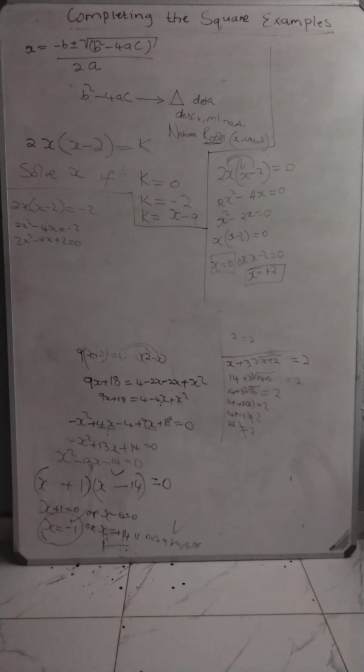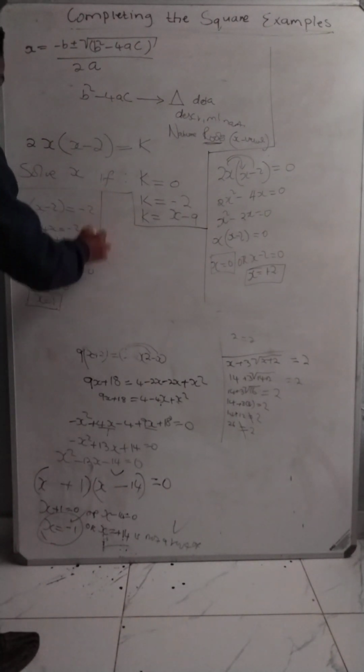You divide everything by 2, you'll have x squared minus 2x plus 1 is equal to 0. You factorize this, you'll have x minus 1 and x minus 1, because you have a negative 2 there. So you'll have x minus 1 is equal to 0 because they are the same basically. So you'll have x is equal to 1, as the nature of the roots there.